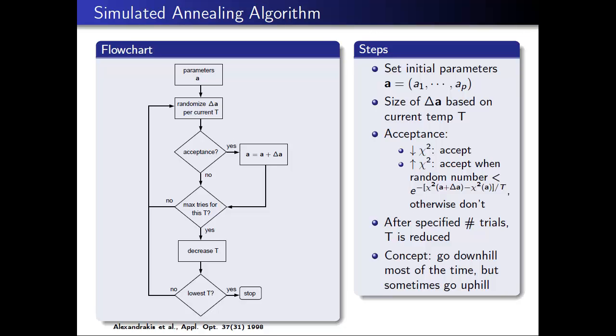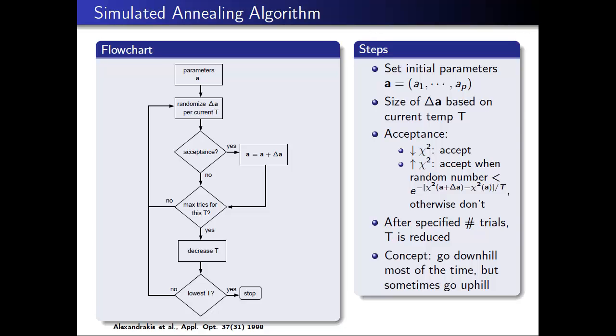So you're actually accepting movements through chi-squared space in which you've increased chi-squared, but it moves you out of local minima, which is one of the benefits. And you keep on doing this. As you're going, you're reducing your temperature, and after a certain number of trials, you've achieved your lowest chi-squared.